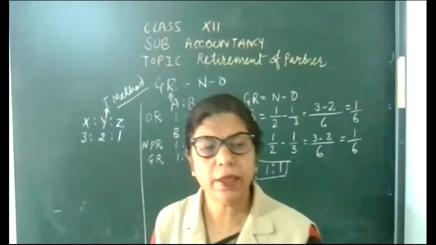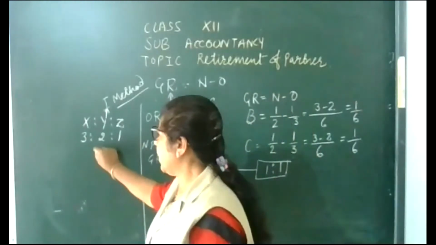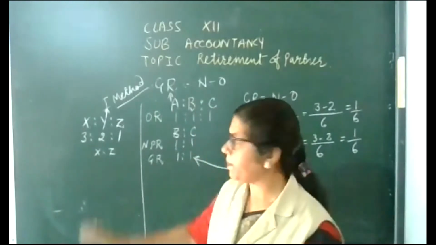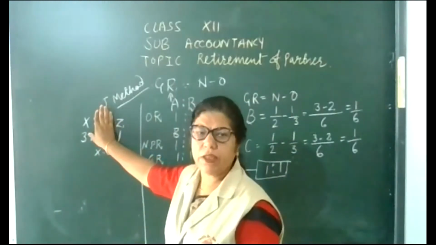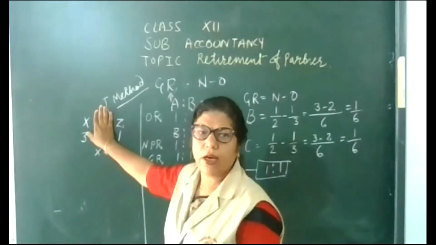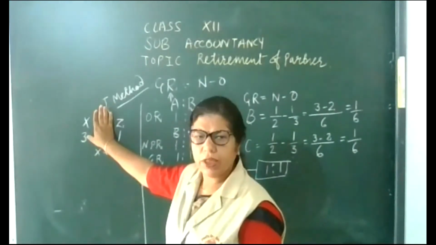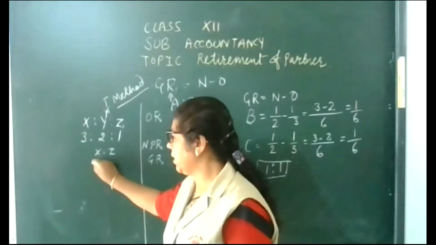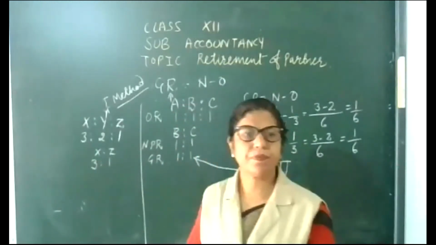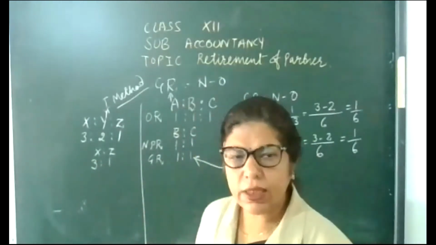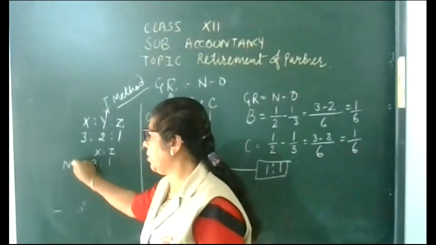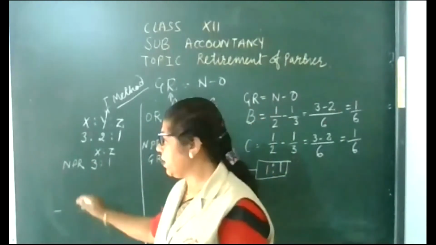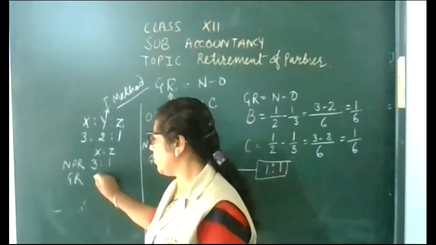Y. Who are the remaining partners? X and Z. Now see how to do it. The person who is outgoing, okay, remaining are X and Z, simply their share. Now this is their new ratio, NPR, and this is GR also.